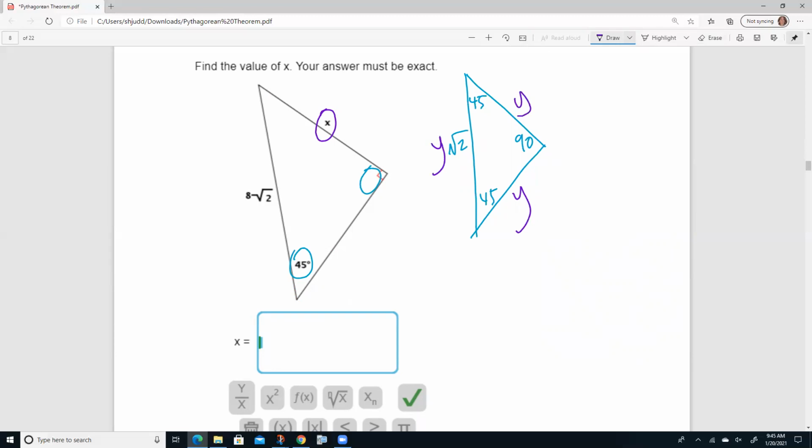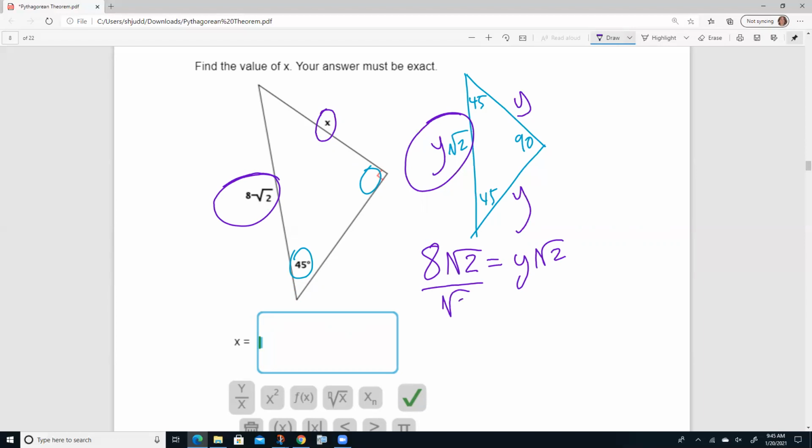Now, I look at corresponding sides. I see that the square root of 2 times y is coordinating to 8 times the square root of 2, which means if those are coordinating, I can set them equal to each other and solve for y. Now, if I solve for y, I'm going to divide by the square root of 2 on each side. That'll cancel, that'll cancel. It looks like y is equal to 8.